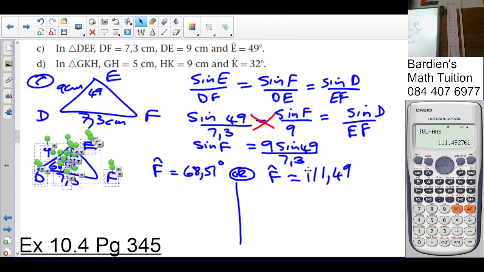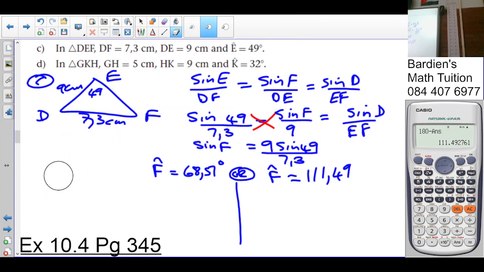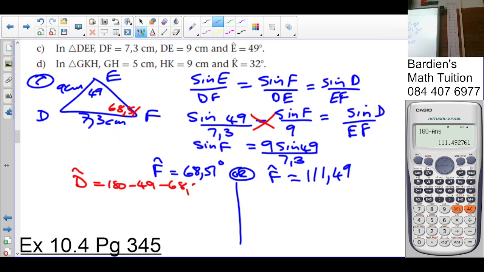That actually belongs to F. So again, I'm going to put in 68.5 so I can work out D. So what is angle D? 180 minus 49 minus 68.5. You guys are quiet after that test. What's going on? 180 minus 49 is 131. So now I got D, which is 19.51.